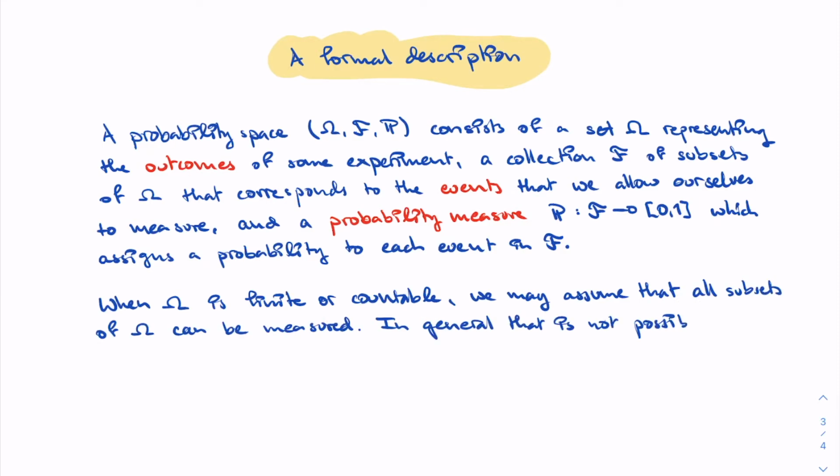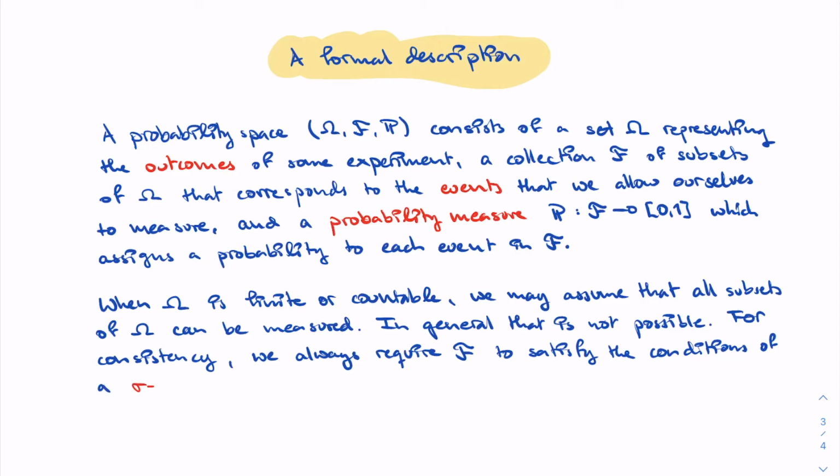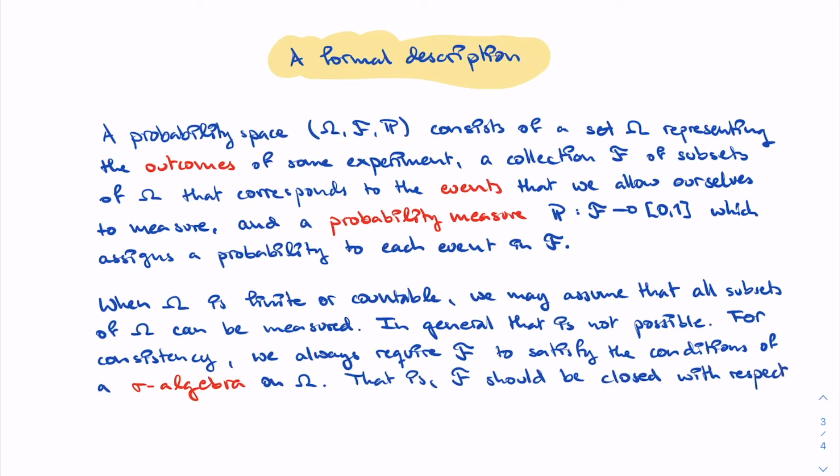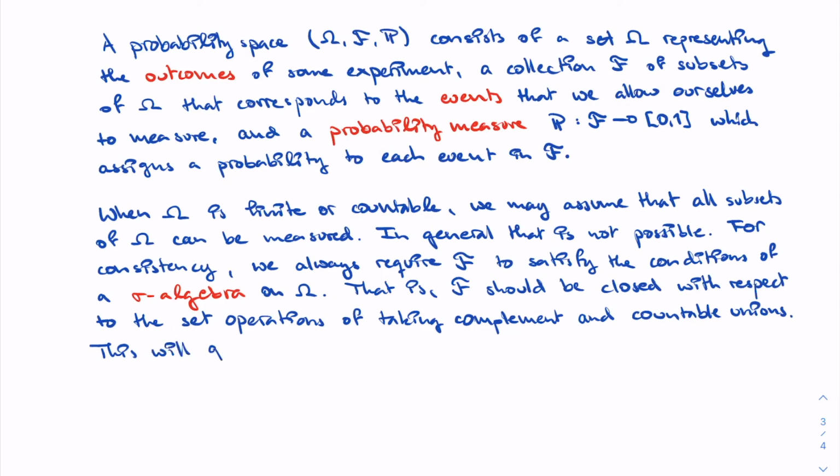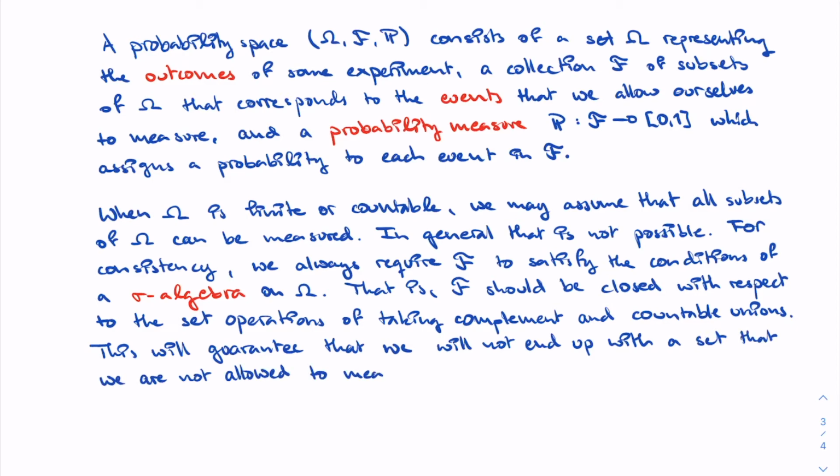In general, that is not possible. For consistency, we always require F to satisfy the conditions of a sigma algebra. That is, F should be closed with respect to the operations of taking complement and countable unions. This will guarantee that we will not end up with a set that we're not allowed to measure by means of the usual set operations.